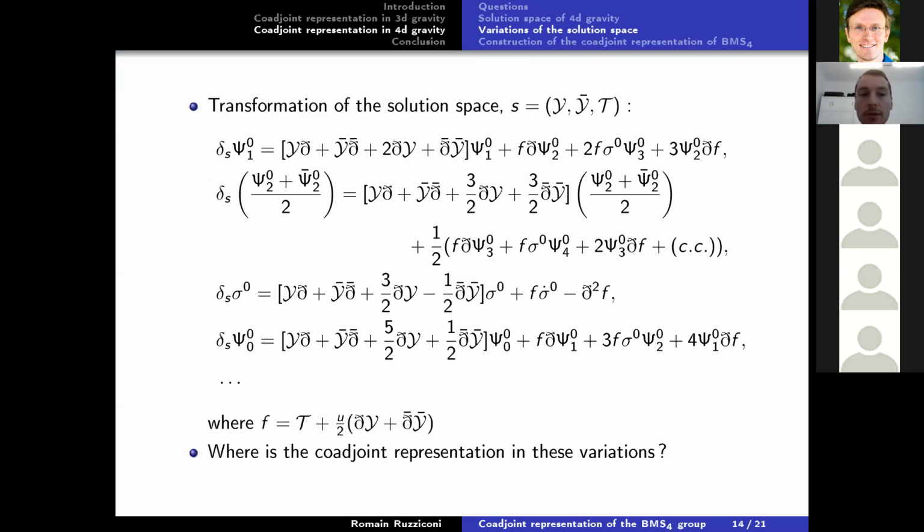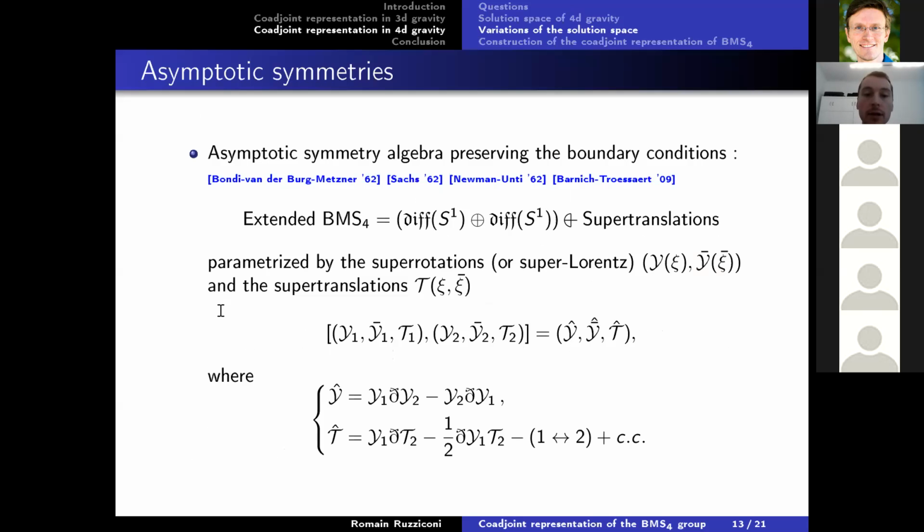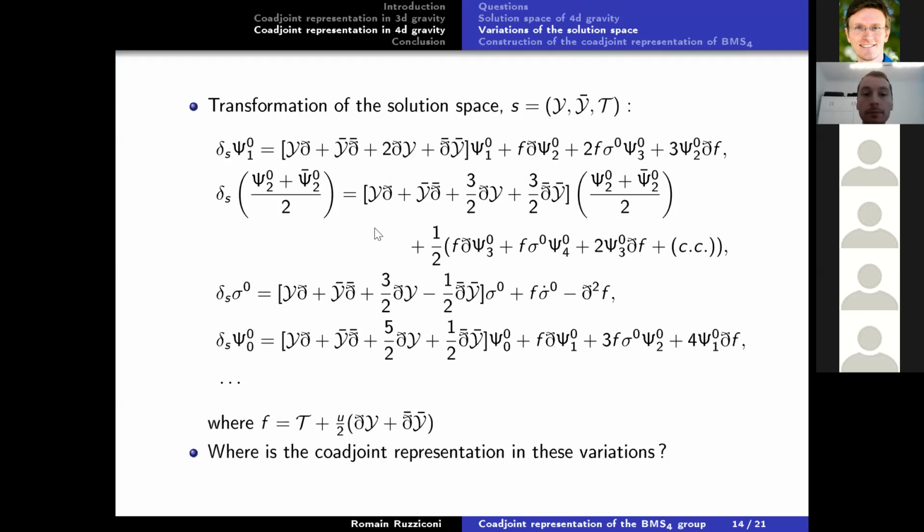So now by an explicit computation, you can find the transformation of the solution space under this extended BMS4 transformation. Here I just wrote the infinitesimal variation of the solution space.